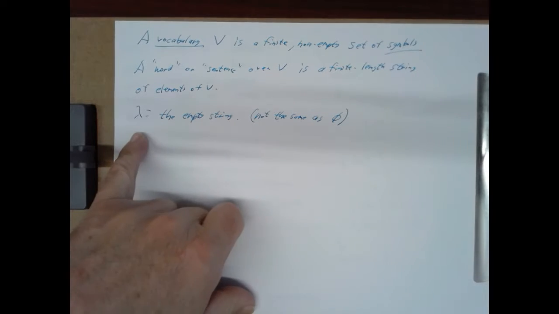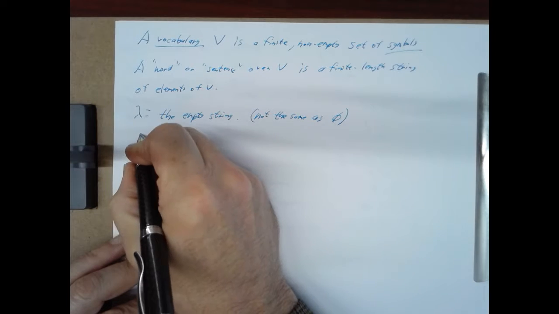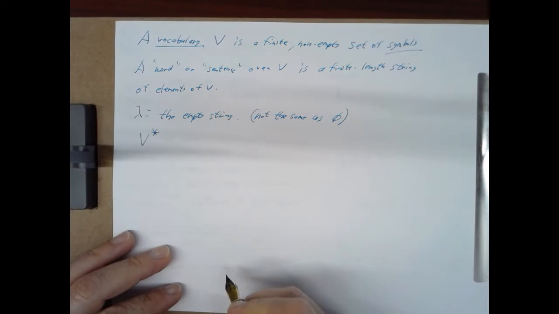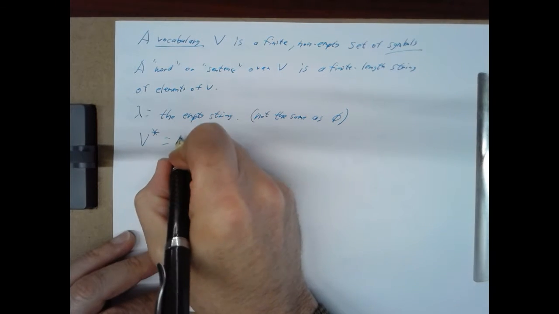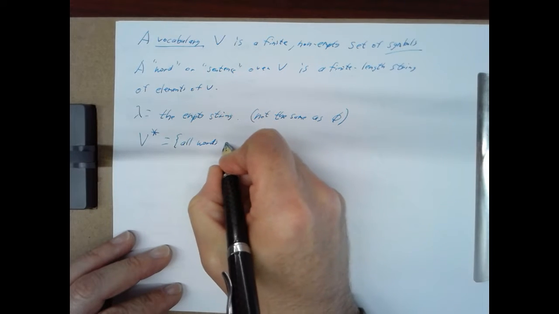Okay? Lambda is a string, so a string is an ordered arrangement of symbols from our vocabulary. Okay, the order is important, and our string could have no symbols in it. It could be an empty string. But don't think of it as a set per se. All right, so V with an asterisk on top. This is the set of all words over V.